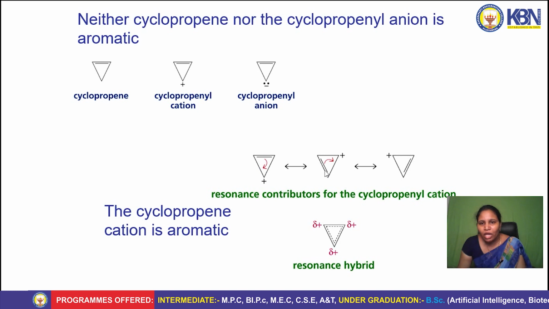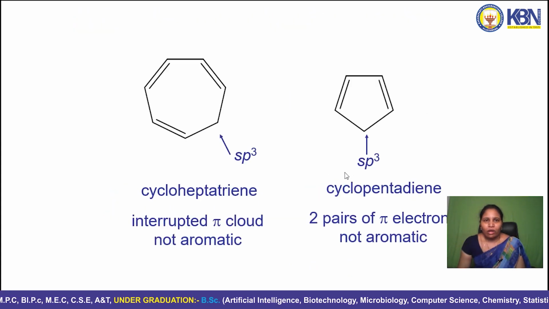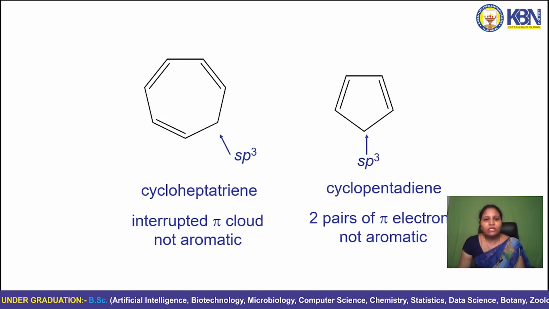That means pi electrons are rotating in the ring structure, hence it is an aromatic compound according to the criteria for aromaticity. And observing cycloheptatriene and cyclopentadiene, cycloheptatriene contains 3 pairs of electrons, but these are not in conjugation, that's why it is not aromatic.